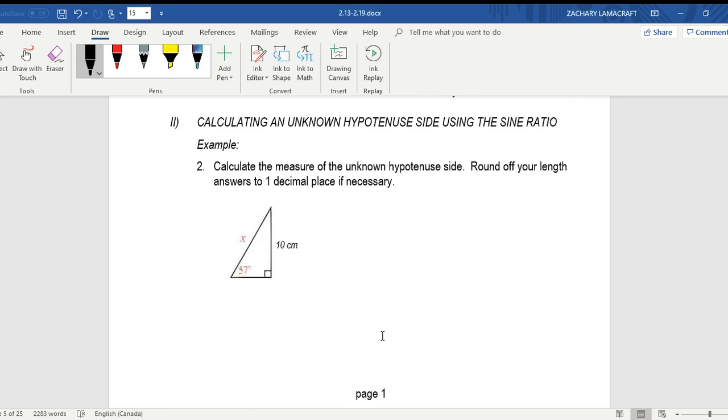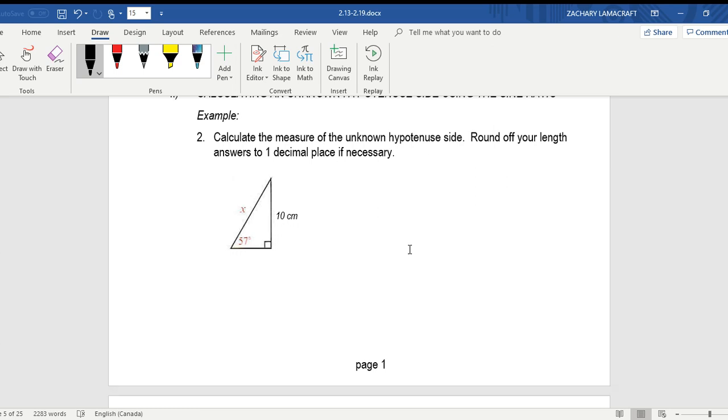All right, moving on. It says calculating an unknown hypotenuse side using the sine ratio. So we're doing the opposite of what we just did. We found the opposite side, now we're finding the hypotenuse. Calculate the measure of the unknown hypotenuse side and round off your answers to 1 decimal place. Once again, we're going to write our acronym, sine x is equal to opposite over hypotenuse.